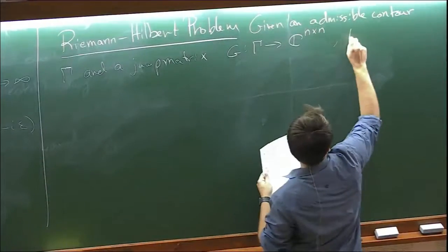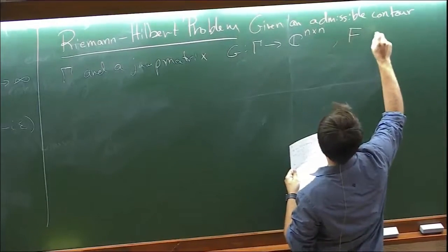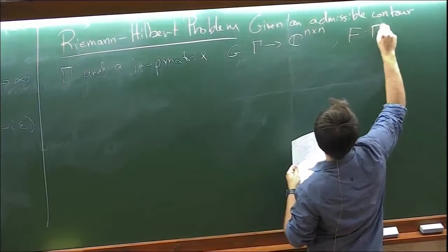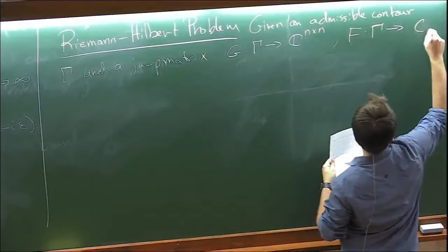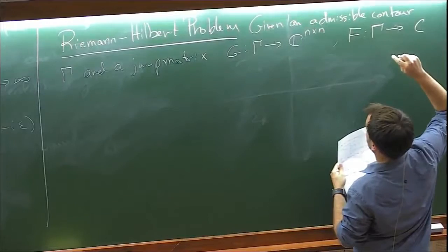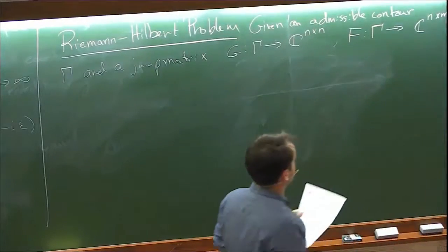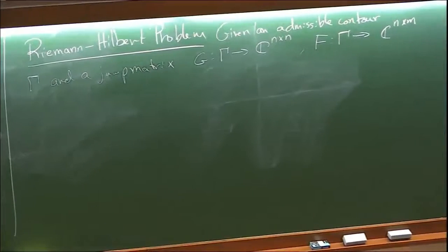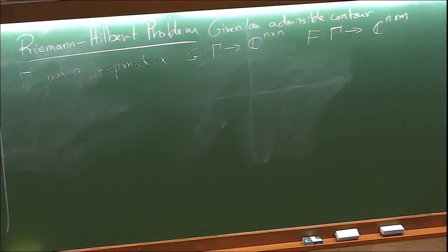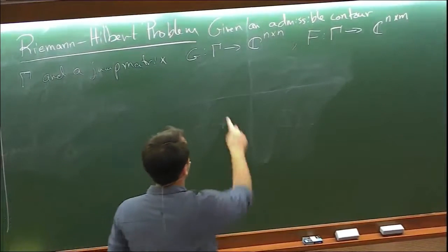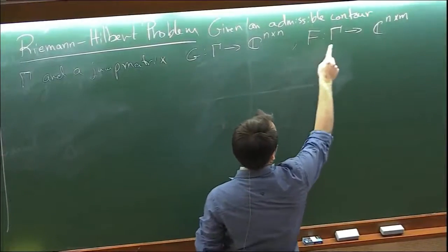And then F will be another function which takes the contour to C n by m. So n and m are integers. They do not have to be equal. These are the given data along with the contour gamma.